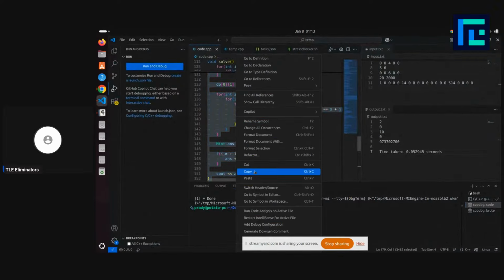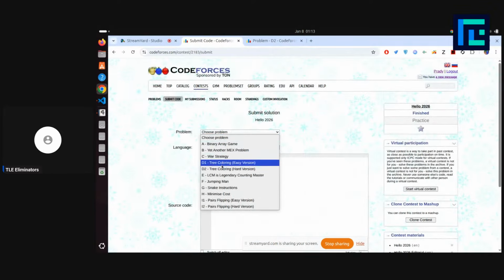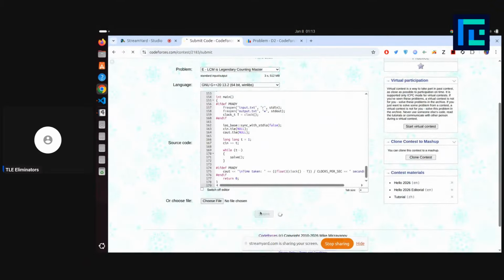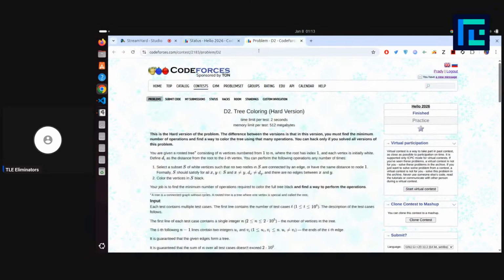I upsolved it. So let's see if it's accepted. I guess it will be accepted. Anyways, let's solve D2 now.